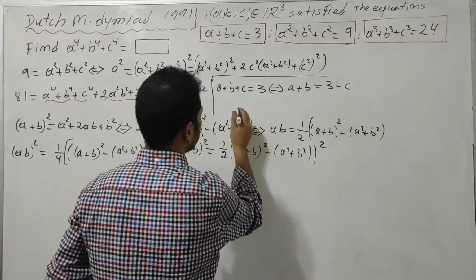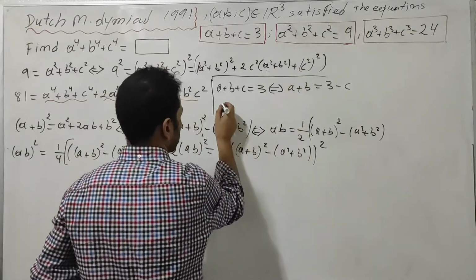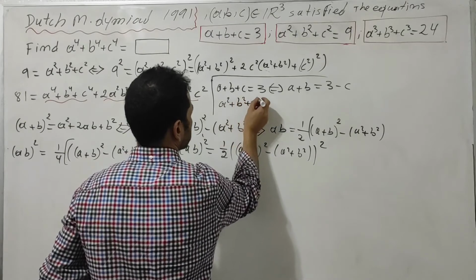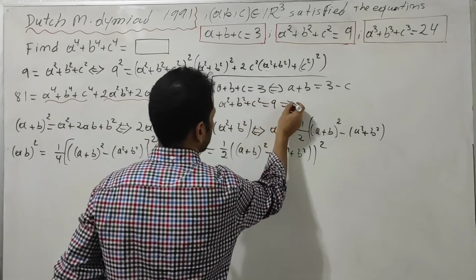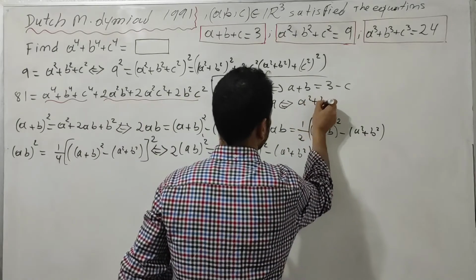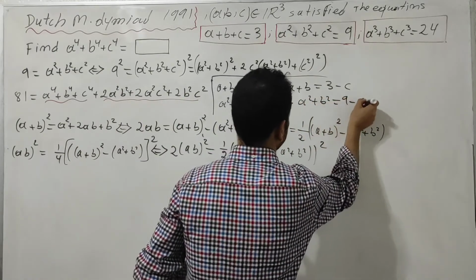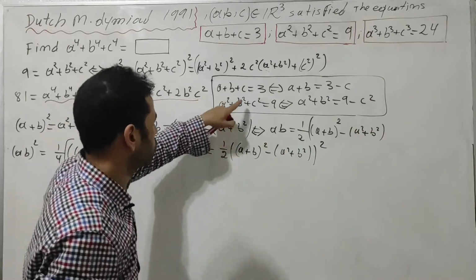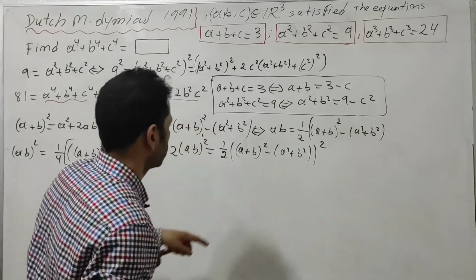The second term is coming from the second equation. I have a squared plus b squared plus c squared equal to 9, which is equivalent to a squared plus b squared equal to 9 minus c squared. Okay, I'm going to replace these terms into this equation.